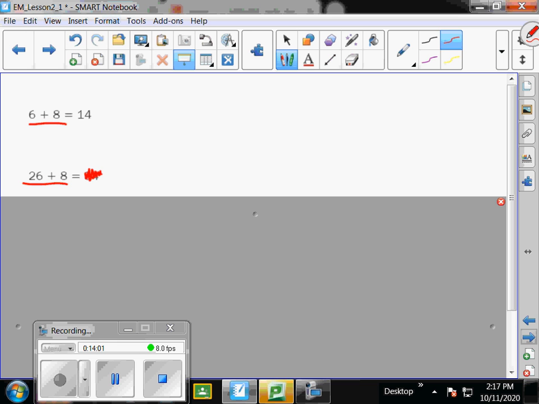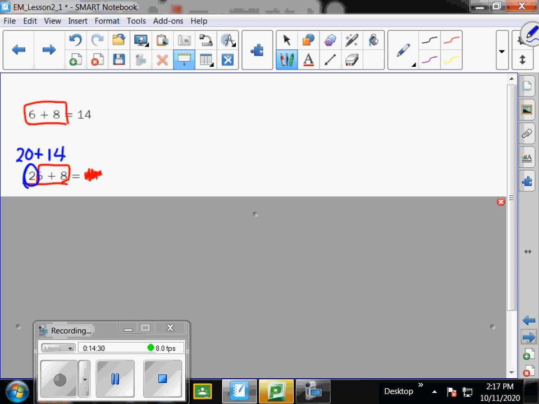You see how in both problems you have 6 plus 8? Well, 6 plus 8 is 14. But what do you have in the second problem that you don't have in the first problem? You have 20 more, right? So shouldn't I be able to take 14 and just add 20 more very quickly?